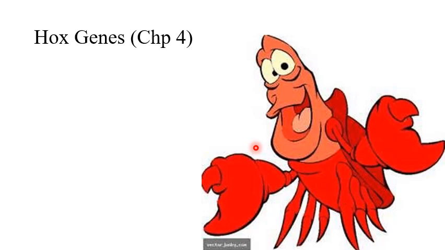Last thing I want to point out, this is Sebastian the crab, and it has been pointed out to me that Sebastian the crab is most likely not a crab. He is most likely, in fact, a modified turtle. If you look at his shell, you can see it has a turtle-like appearance. A turtle shell is actually caused by its vertebrae coming out and going around.